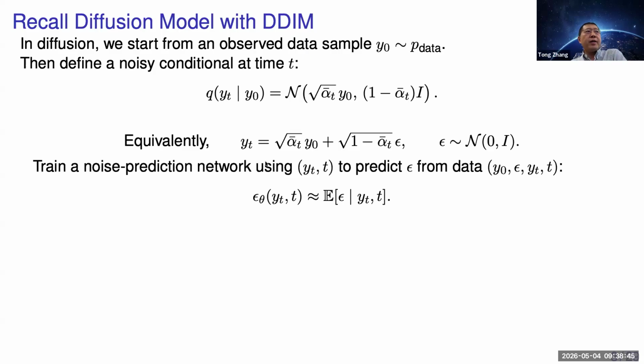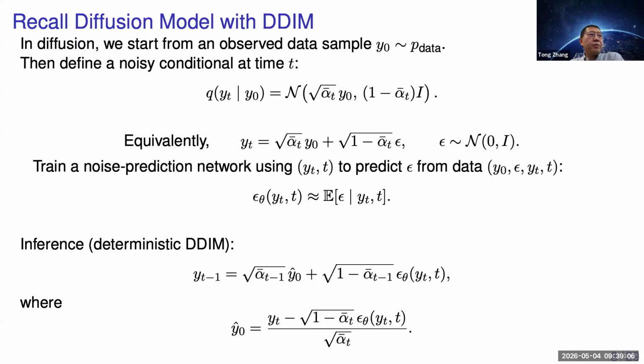Here is actually the difference between flow matching versus the diffusion model: what to predict. We will see later, but you start with that. So this is for the diffusion model paper.